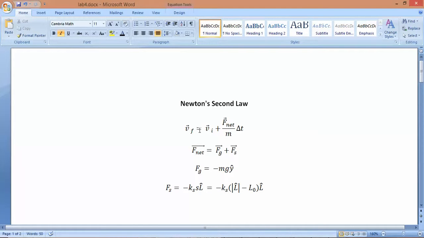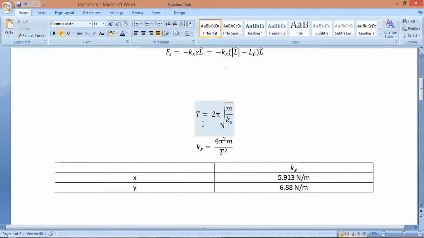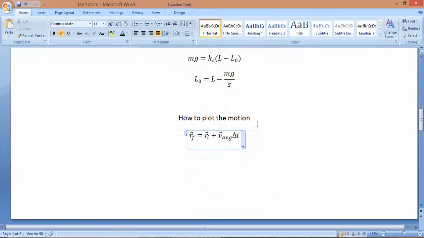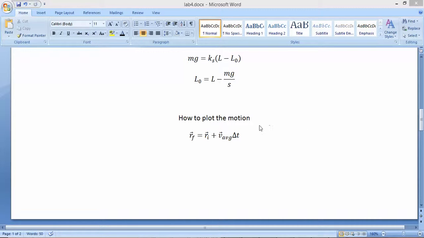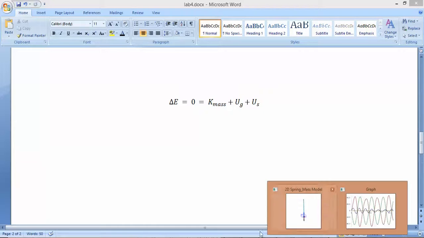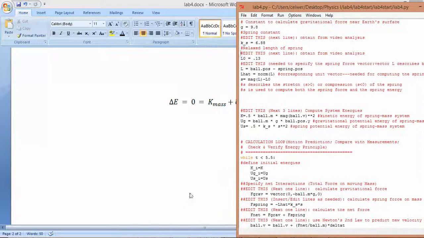And after we know the velocity at each time step, we can plug that into our position update formula, which states that the final position equals the initial position plus the average velocity times the change in time.